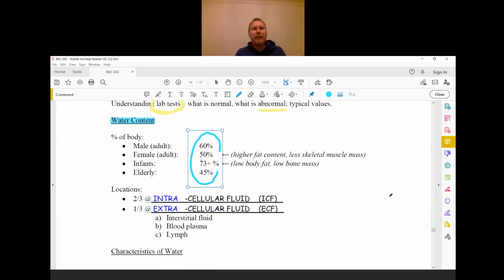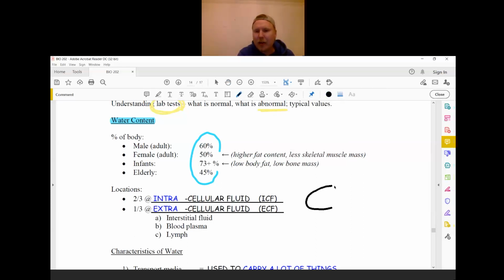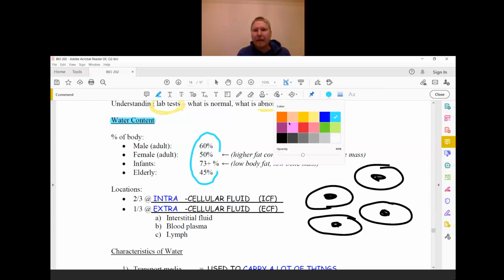Well, where do we find this water then? Let's consider that a little bit. I'm going to draw just again as a visual aid for anyone who finds it useful. A diagram, here's a couple of cells that we see with their nucleus in the center. That's all that this sketch is showing. And we're going to be looking at where do we find water at different parts of the body.